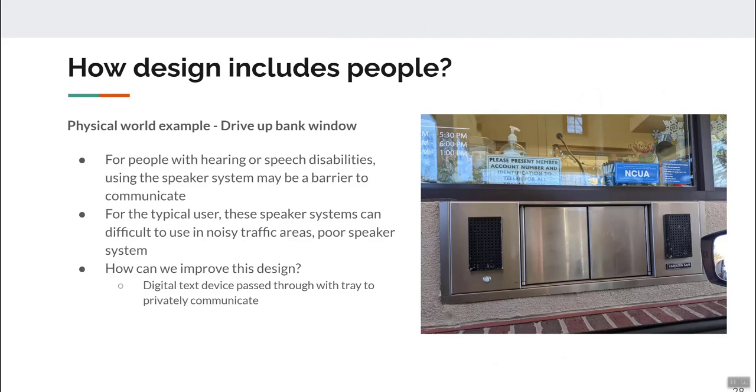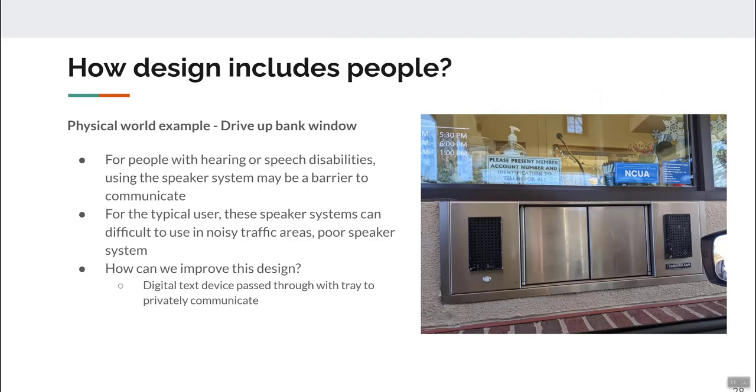But for people with hearing or speech disabilities, the speaker system is really a barrier in communication. For the typical user, it can just be that the speaker system is very poor or they're in a noisy traffic area, and that's what makes the speaker system not very effective.